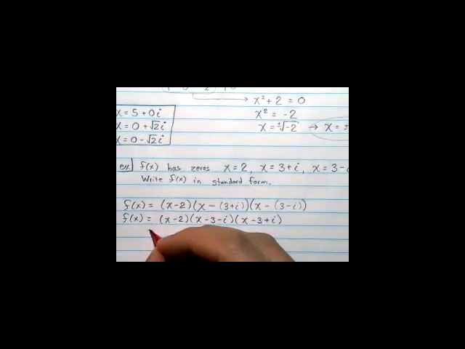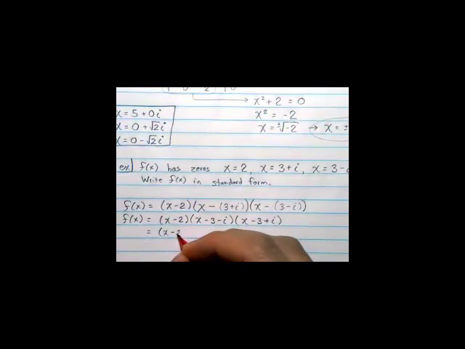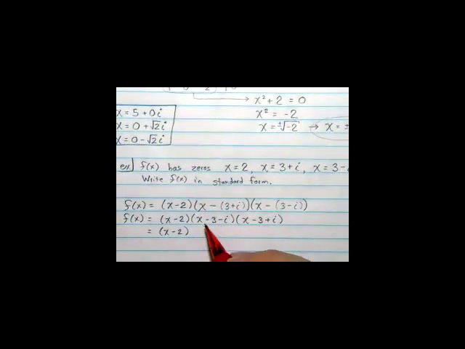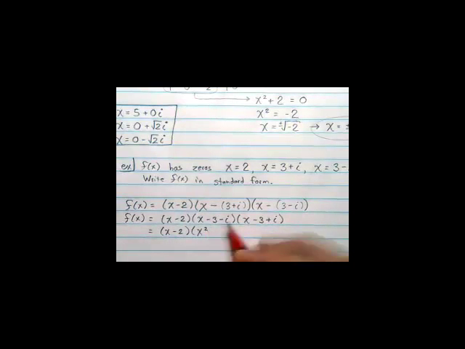Okay, so I'm going to leave this one alone, and let's just be very careful. Every part of this multiplies to every part of that. So x times x, x squared, x times negative 3, x times i, and then go to negative 3.